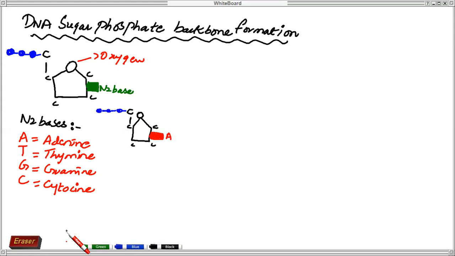And another 5 carbon sugar nucleotide is formed, suppose for the guanine.